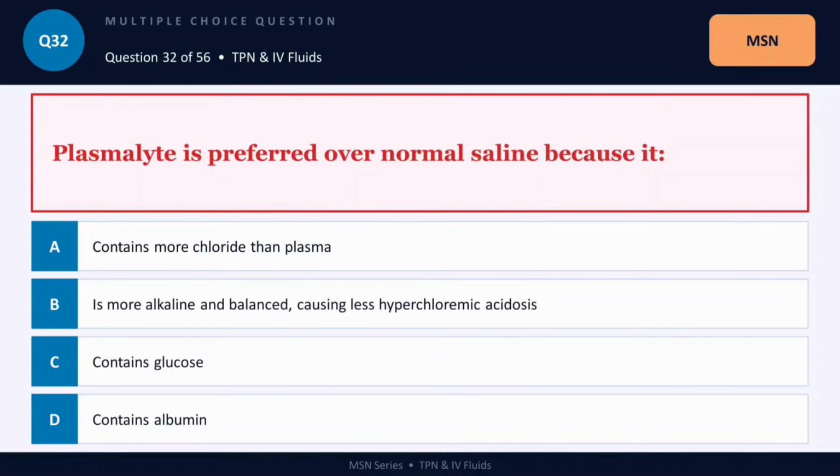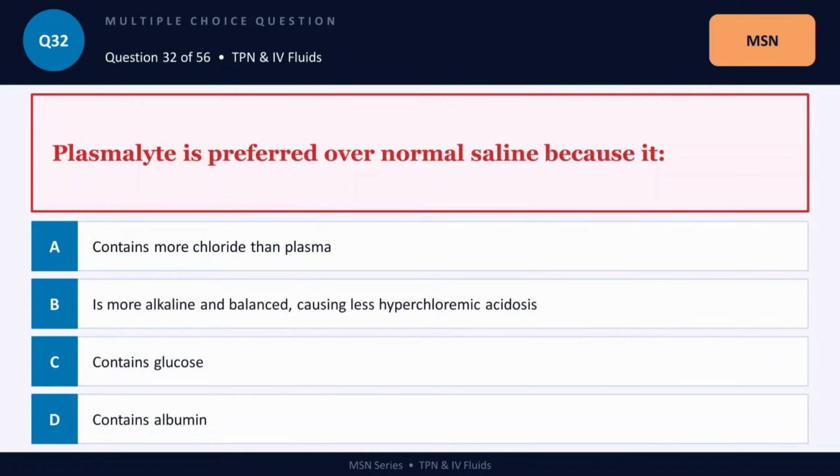Question number 32. Plasma-Lyte is preferred over normal saline because it: option A, contains more chloride than plasma, option B, is more alkaline and balanced, causing less hyperchloremic acidosis, option C, contains glucose, option D, contains albumin.